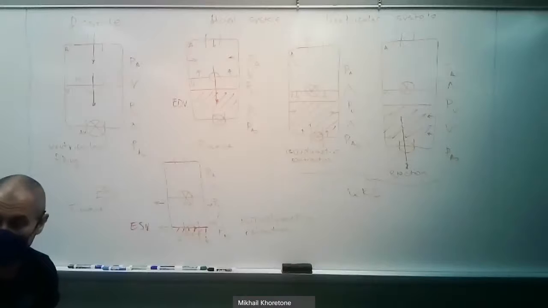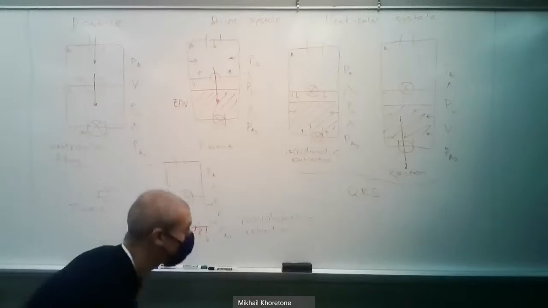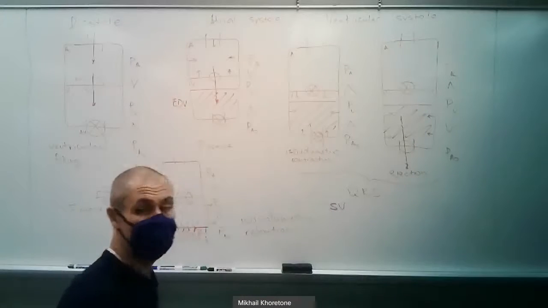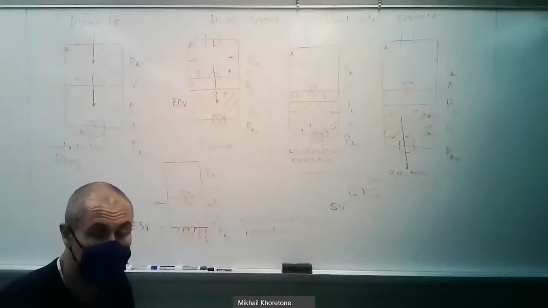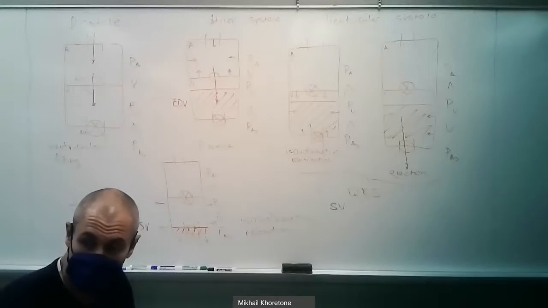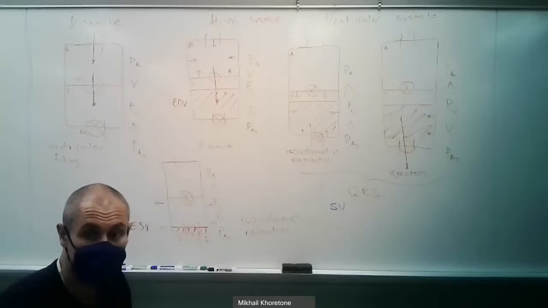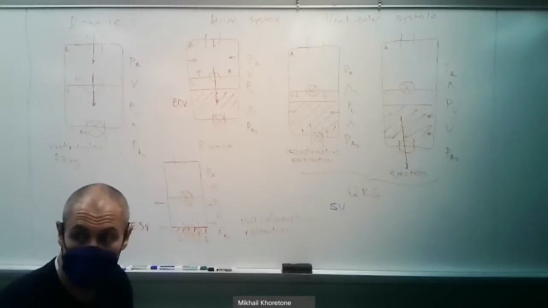So there is a concept known as stroke volume. Stroke volume is the amount of blood that the heart pumps with each heartbeat. Does it make sense to you? Are we good?